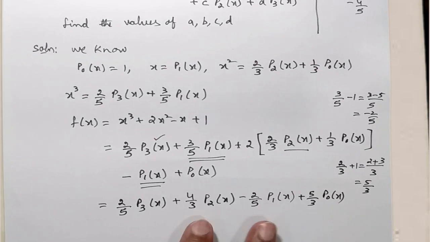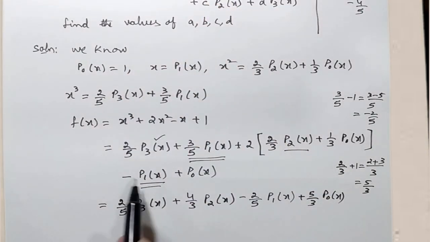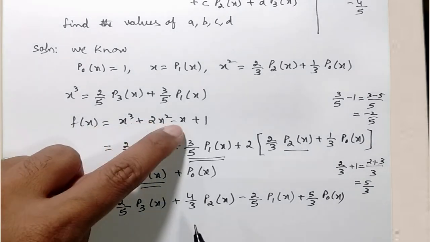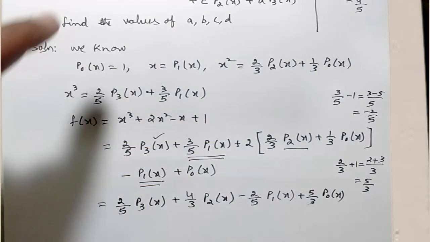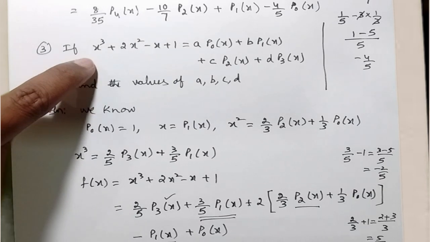So we'll try to compare this result with that result. So this x cube plus 2x square minus x plus 1 is this result. So we'll try to just plug in back here in the original equation.